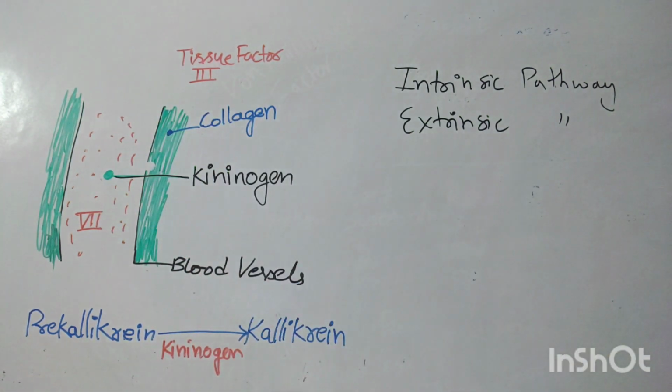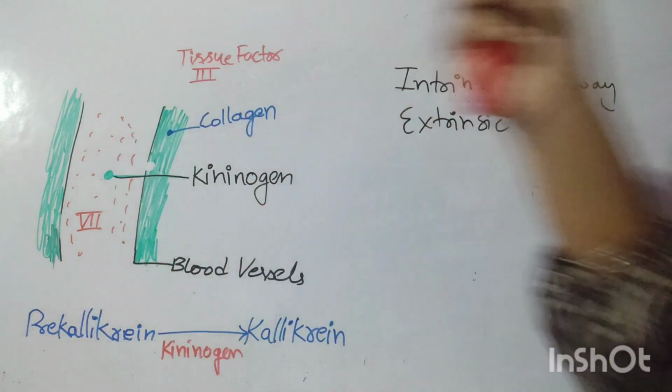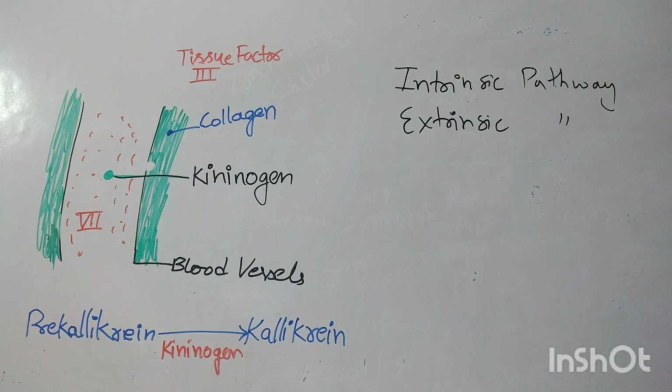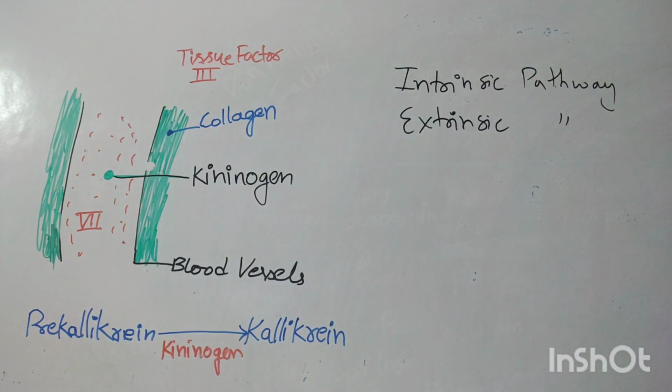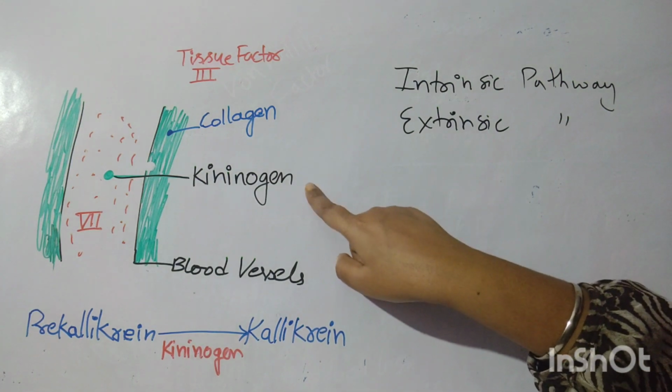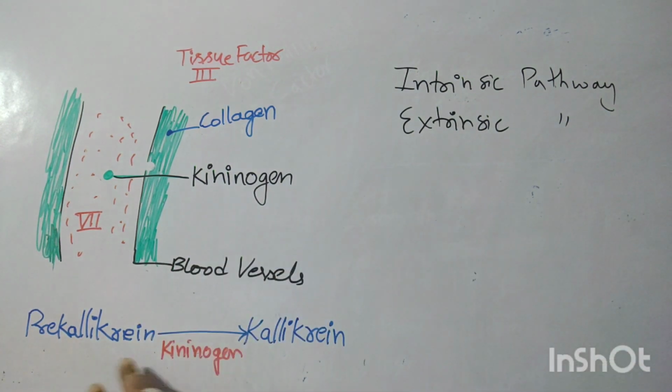vessels in inactive form. As long as it is in the blood, it is in inactive form. Whenever the blood vessel gets injured, this kininogen becomes active, and it comes in contact with prekallikrein. Prekallikrein is again a type of protein present in blood in inactive form.